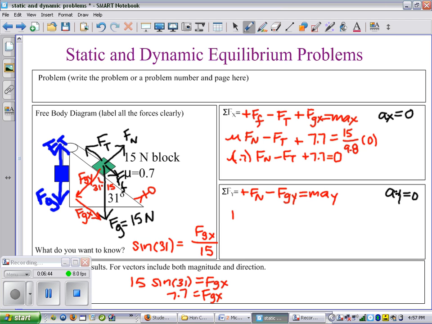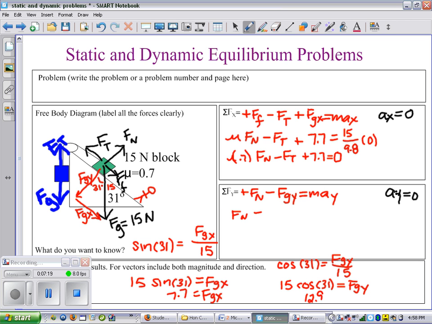This equation, Fn minus Fgy, will be cosine of 31 equals Fgy divided by 15. Multiply both sides by 15. 15 cosine 31 equals Fgy, and that is equal to 12.86.